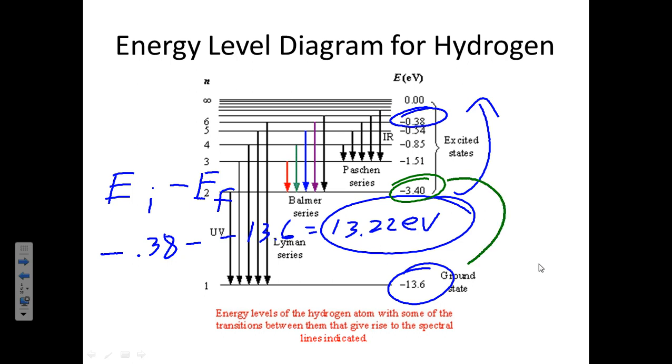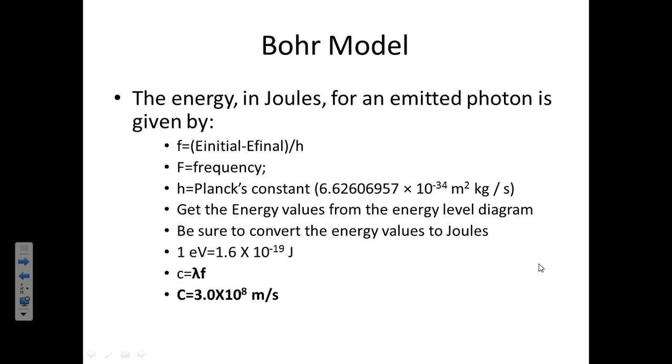We want to know how much energy is released as this electron drops from level 2 down to the ground state. Remember, at level 2, our energy is negative 3.4 electron volts, and at level 1, it's negative 13.6.